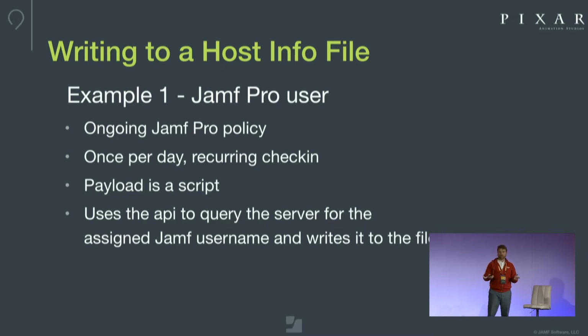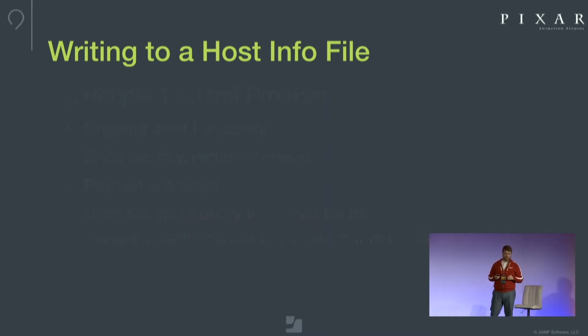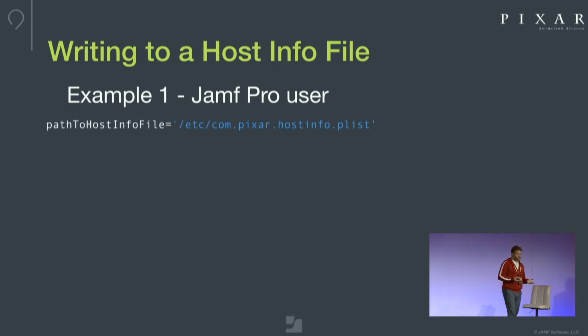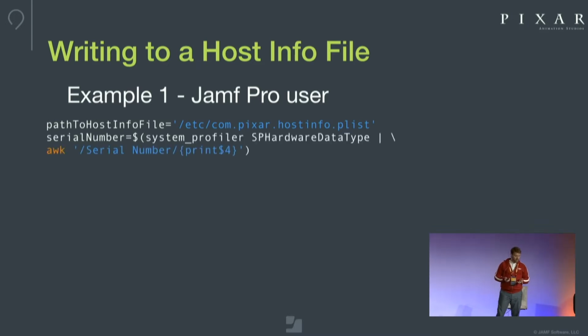That is the structure of the policy. You could tweak it as needed. And the structure of the script within it, which in the real world would probably be doing other things, maybe caching other things, but just for this example, it would simply be like, hey, we've got to ask Jamf Pro who is the user of this computer. So we're defining the path to our host info file. We're using a serial number as a unique identifier to query the API.